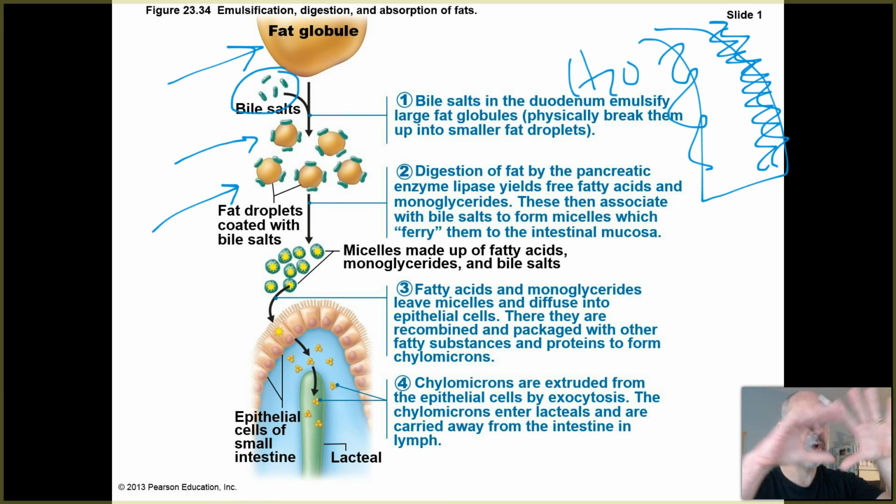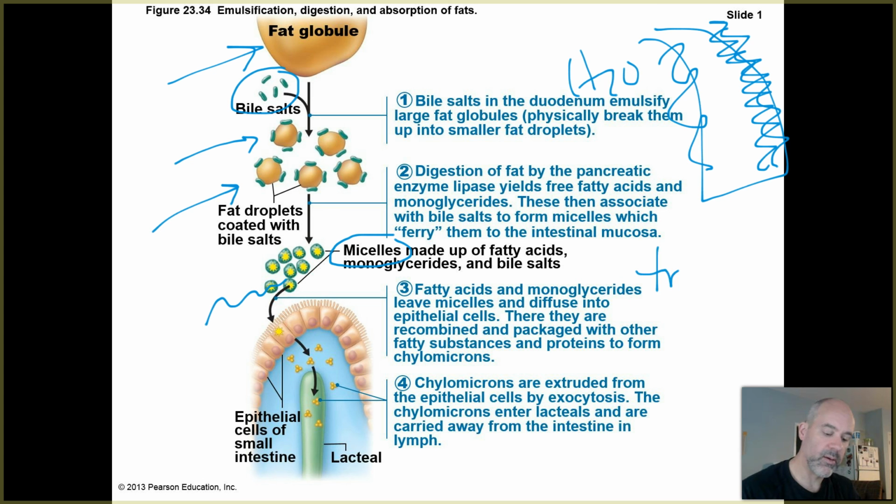So they're able to coat and make those fat globules or droplets much, much smaller. When they do that, those are called micelles, by the way, where the bile salts have surrounded little tiny droplets of fats. And then your lipase enzymes can break apart those fats, those triglycerides, into glycerol and fatty acids.